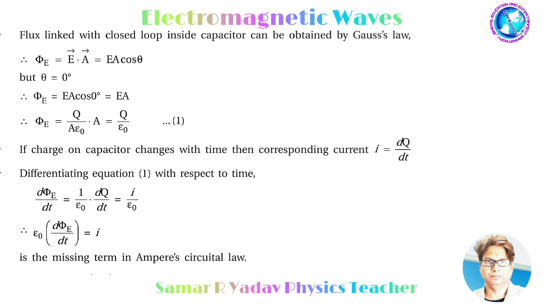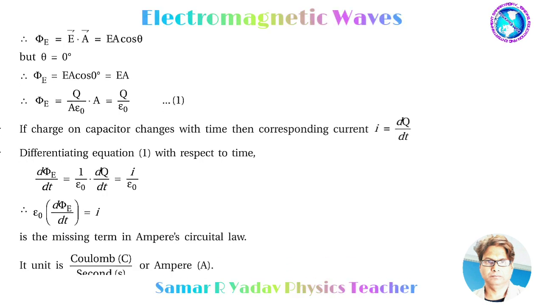If the charge on the capacitor changes with time, then the corresponding current I is equal to dq by dt. Differentiating equation 1 with respect to time, d phi E upon dt is equal to 1 upon epsilon 0 dq by dt, which is equal to small i upon epsilon 0.